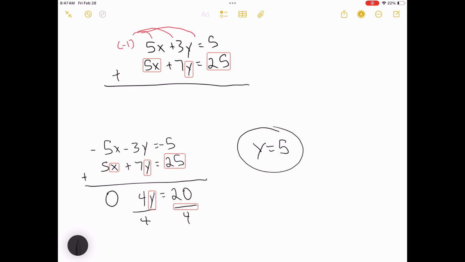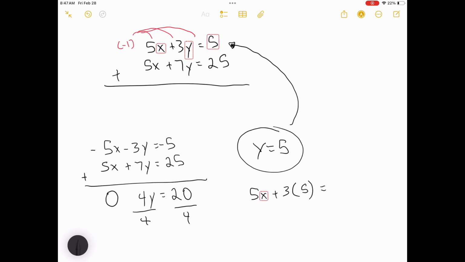Again, I have to substitute one of these into my original equations. I'm going to go ahead and substitute it in to the top one. But it has to be the original one. So I'm going to do 5x plus 3 times 5 equals 5. Okay, so now I'm going to have 5x plus 15 equals 5.